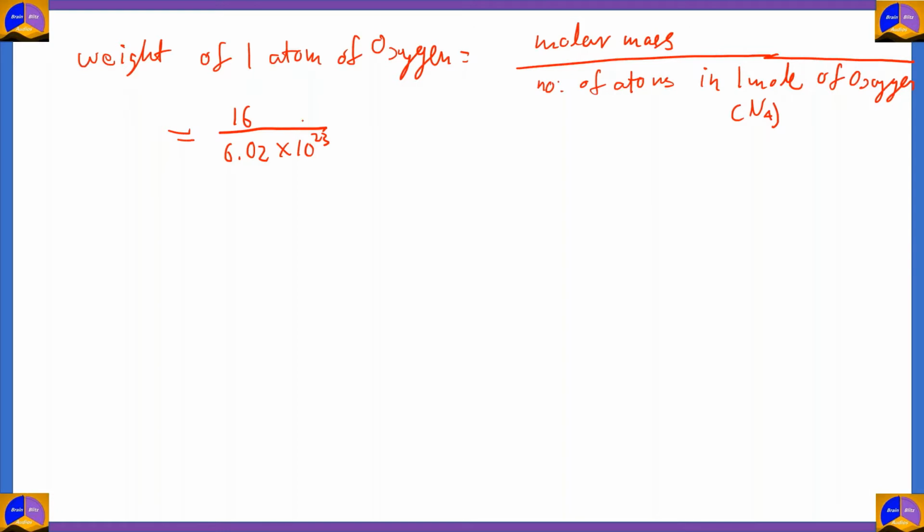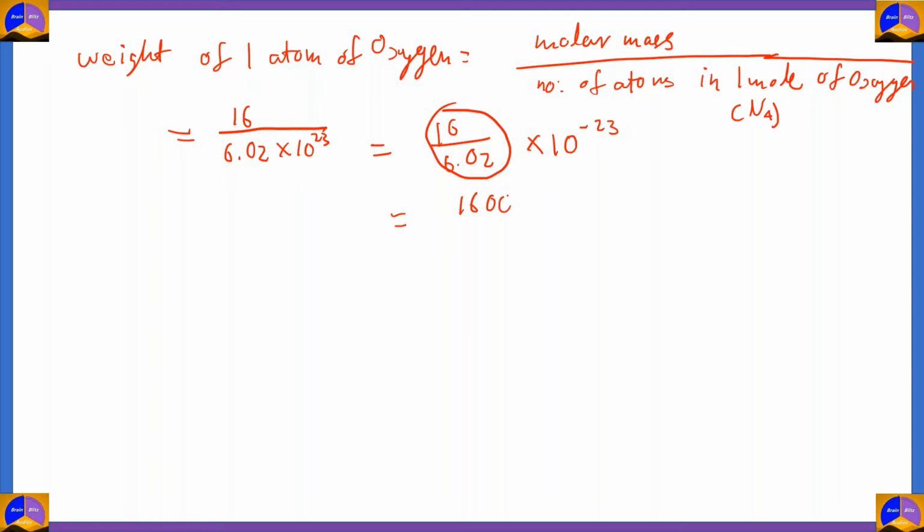Now, 1 by 10 raised to 23 can be written as 10 raised to minus 23 times 16 by 6.02. Let's simplify this by multiplying both the numerator and the denominator by 100.